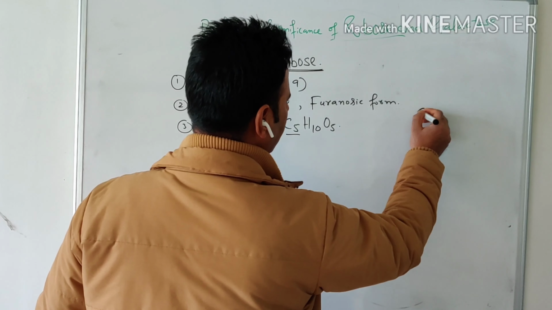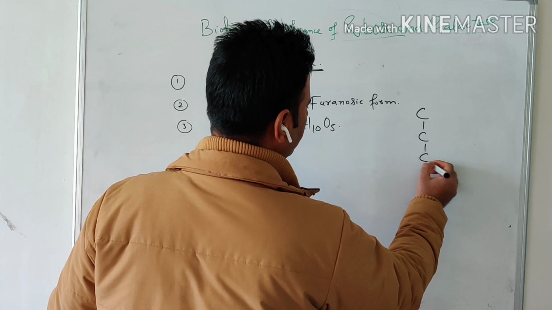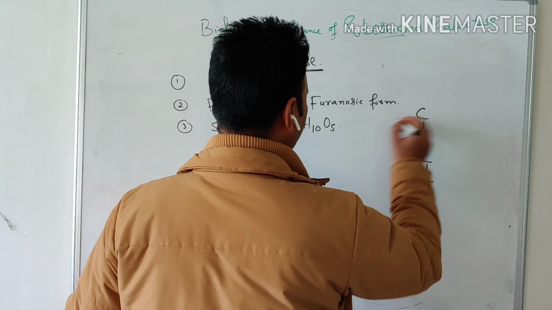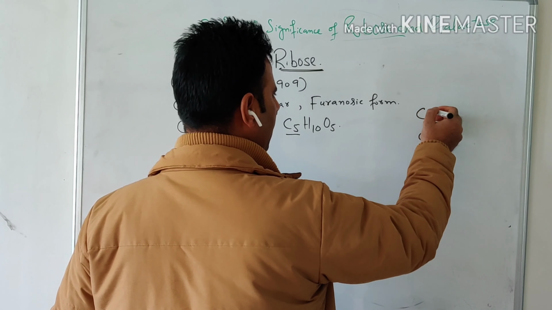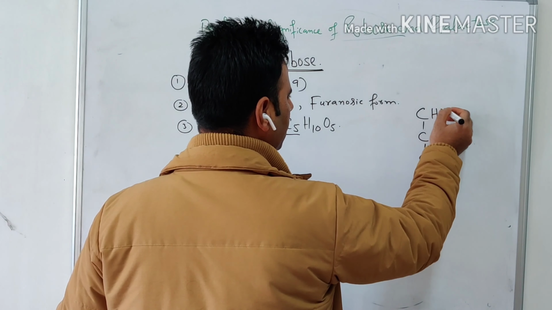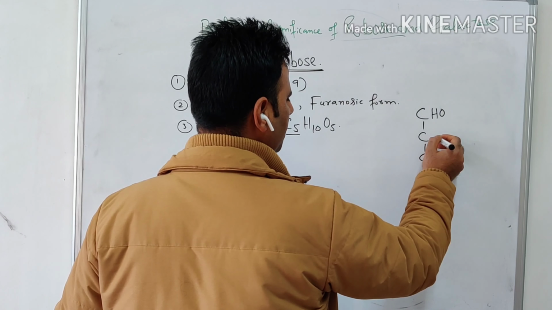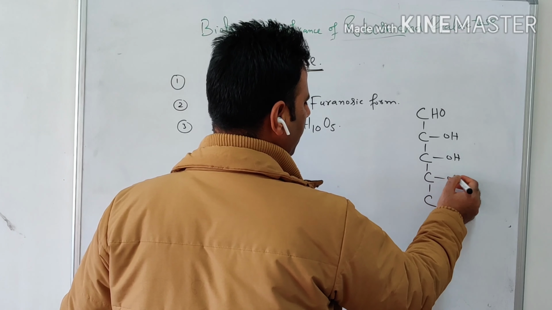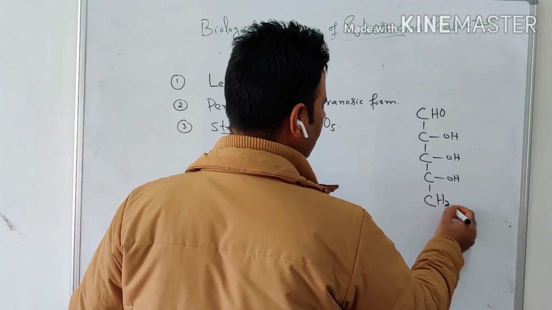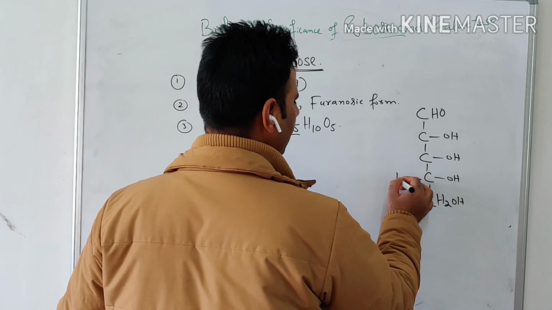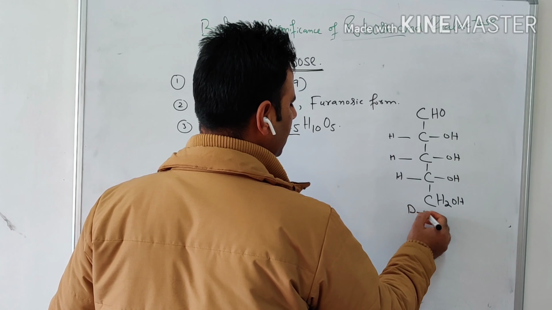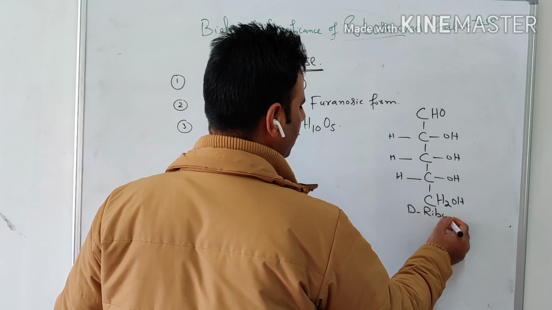We can write ribose this way: carbons 1, 2, 3, 4, and 5. Since it is stable in aldehydic form, the functional group is CHO. Here it is OH, here OH, here OH, and at the end CH2OH, with H on the other sides. We can call it D-ribose.